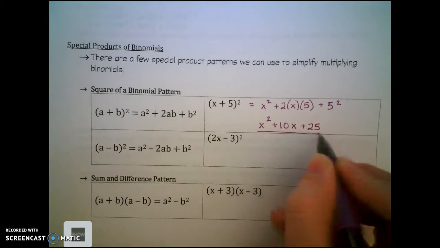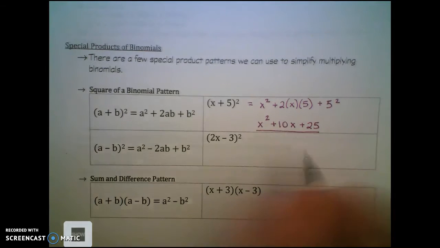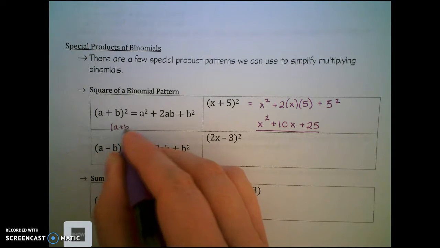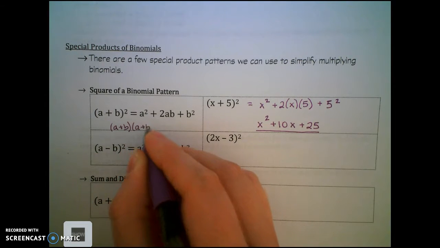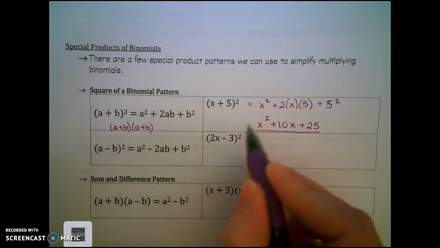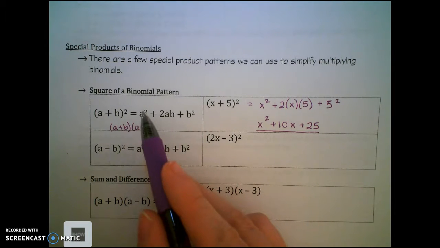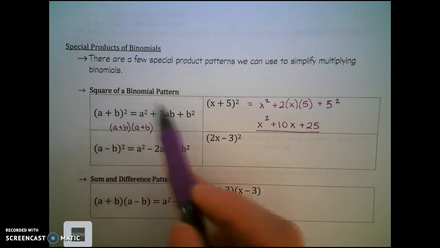So that's my answer. I don't have to worry about writing this out as a plus b times a plus b and foiling because I can follow this pattern here. This is called the square of a binomial pattern.